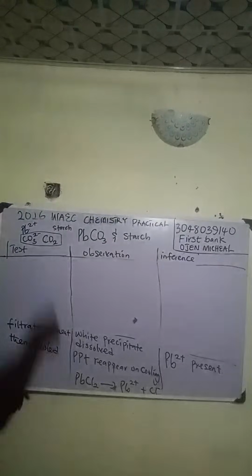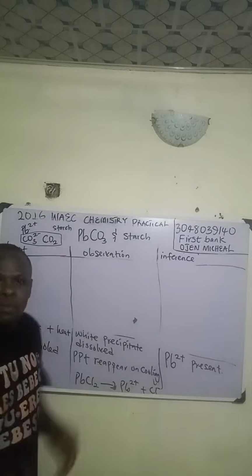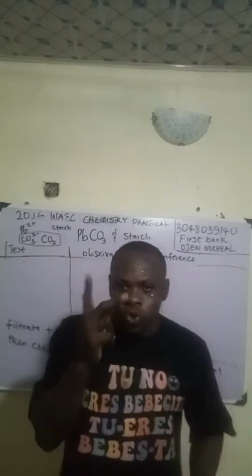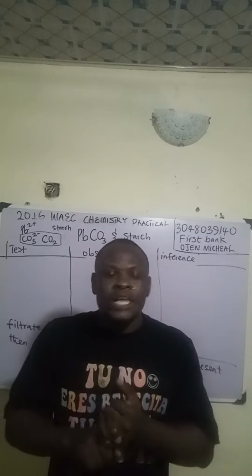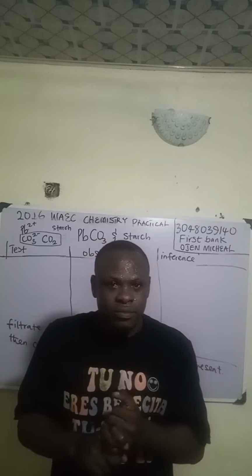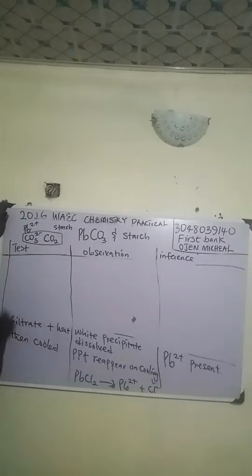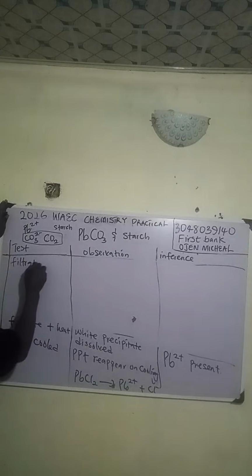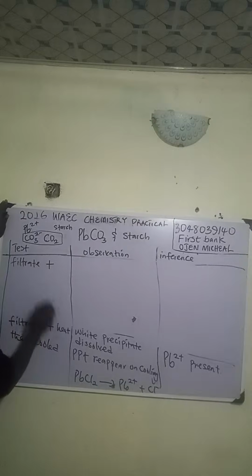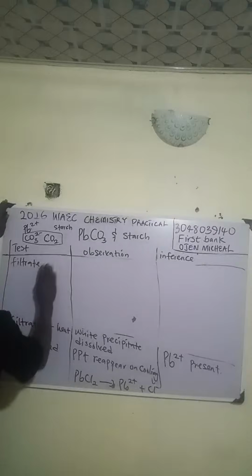Now, after you have treated with either HCl or HNO3, the next step, you have two things to do. Either test it with ammonia or test it with sodium hydroxide. Are you following? So, in your test, I will now have filtrate plus aqueous ammonia.